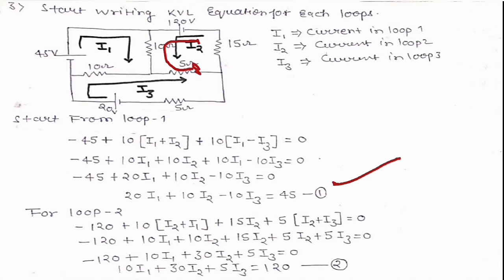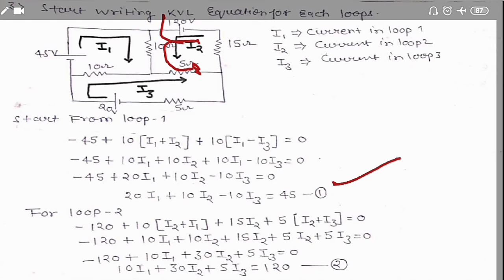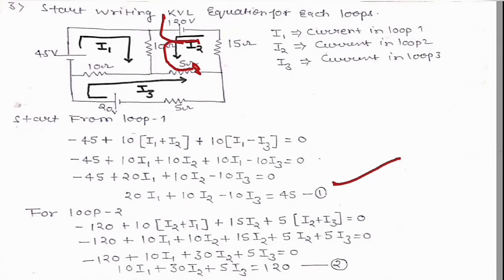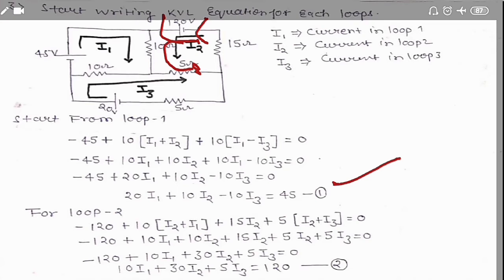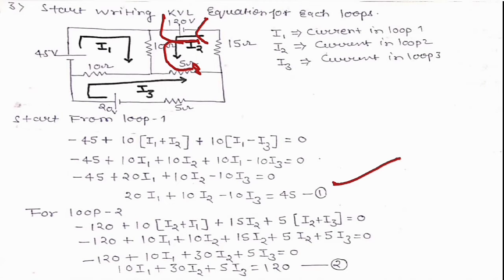So again, from positive it is leaving, and in negative it is entering. In this case also we will see here minus 120 plus, now it goes to 10 ohm. Here both currents are in the same direction, that means we will have to add 10 I2 plus I1.